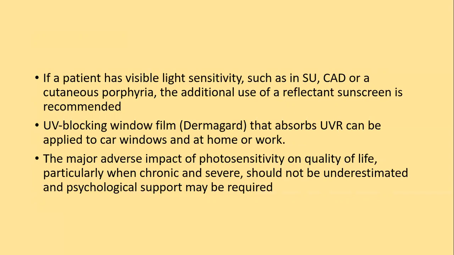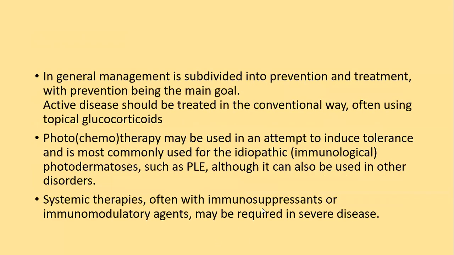The major adverse impact of photosensitivity on quality of life, particularly when chronic and severe, should not be underestimated, and psychological support may be required. In general, management is subdivided into prevention and treatment, with prevention being the main goal. Active disease should be treated in the conventional way using topical glucocorticoids.